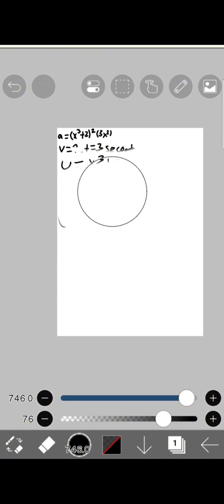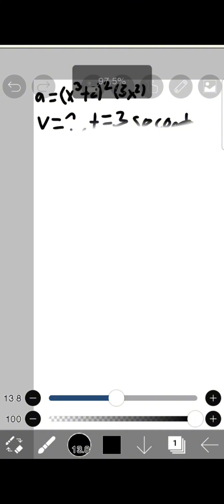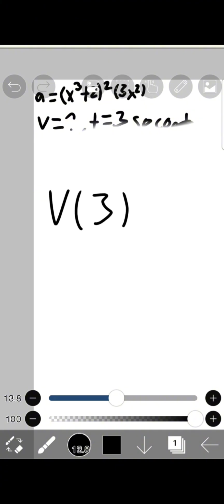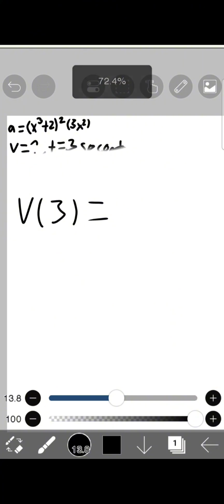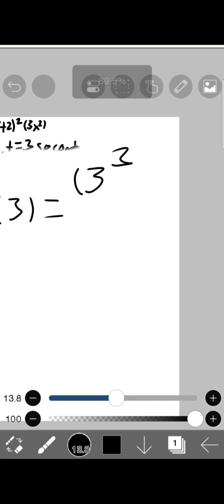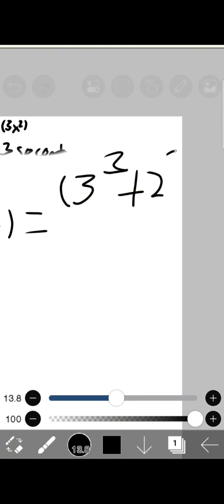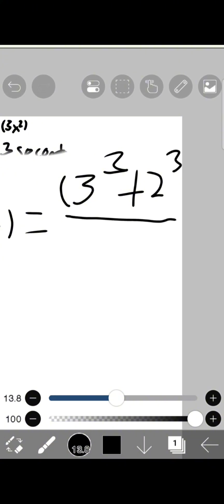So v of 3 is equal to 3 cubed plus 2, cubed, all over 3.